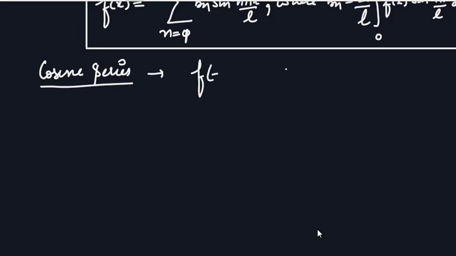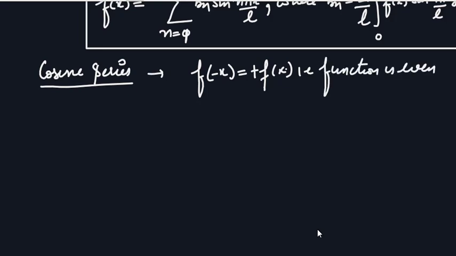That is, f of minus x is equal to plus f of x, that is, the function is even. Then we can write the expansion of the function for the interval when f of x is even.